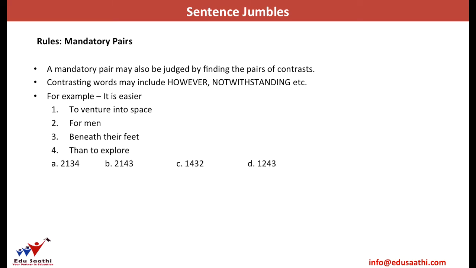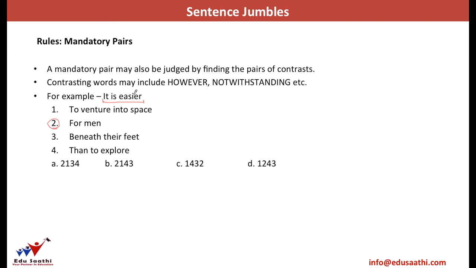Now, for example, this question. This is a very different type of question where the starting of the sentence is already given. It is easier. I have to judge what the next possible alternative could be. If I see phrase number 2, "it is easier for men", so my next part has to be "for men".